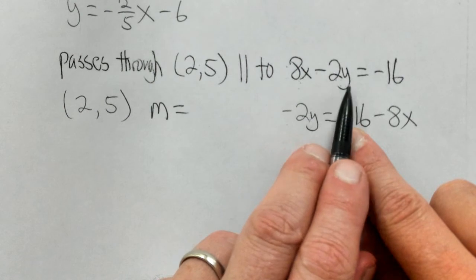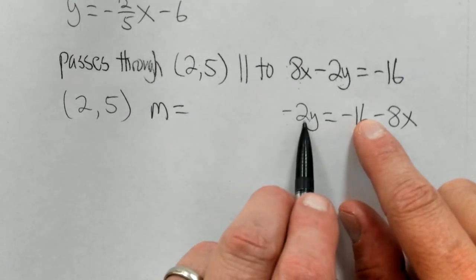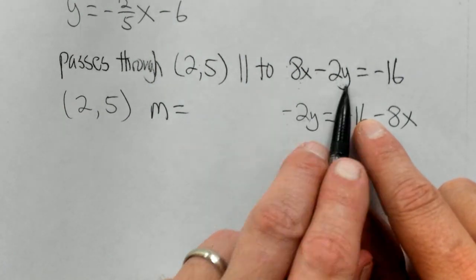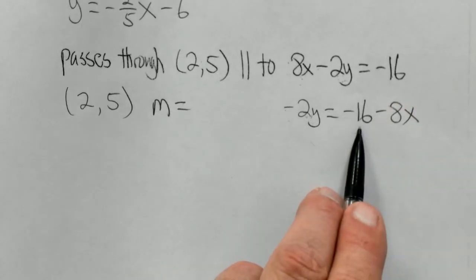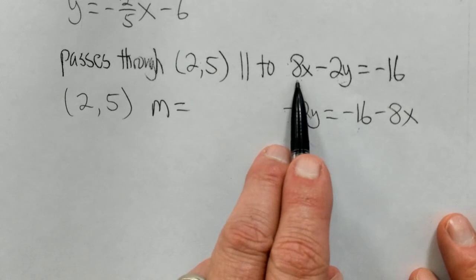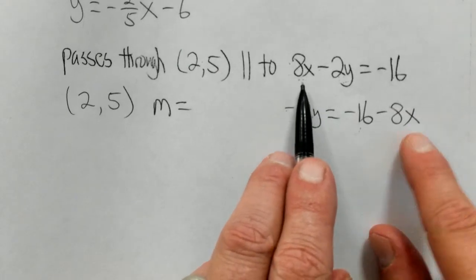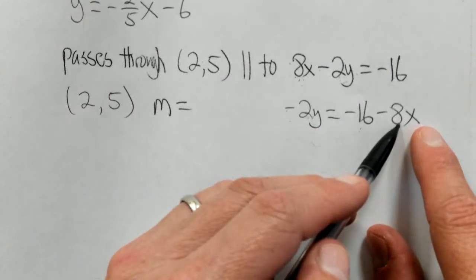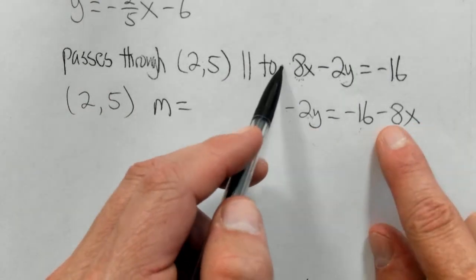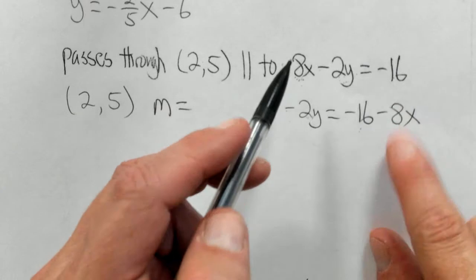If it was negative 2y before, it's negative 2y after. Why? Because it didn't move across. Negative 16 before is negative 16 after. Why? Because the 16 did not move across the equal. The only thing that moved from the left side of the equation to the right side of the equation is the 8x. So that's why it's the only one that changes from plus to minus.